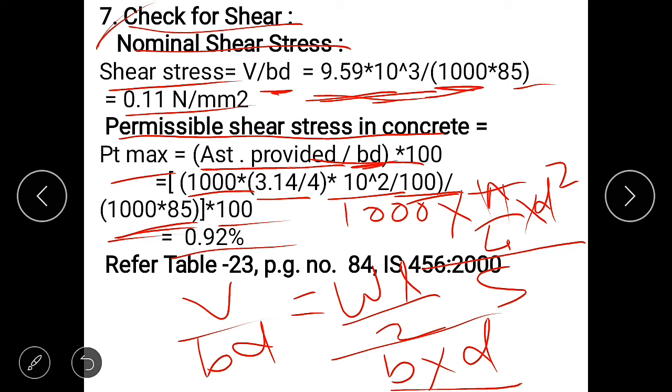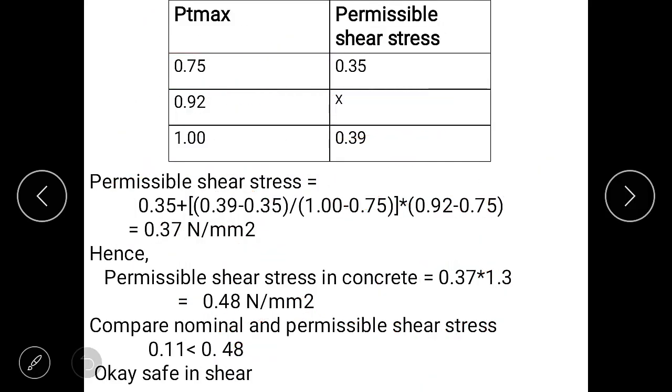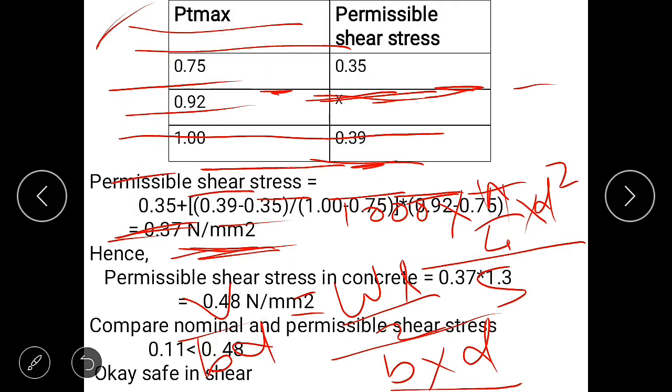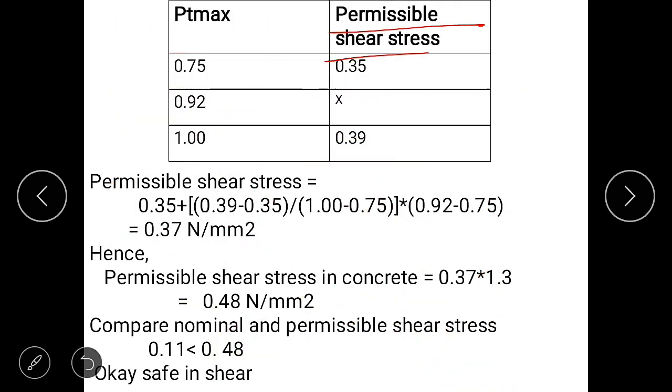From IS 456, for this 0.92 percentage we have to find the nominal shear stress. Okay, so for this 0.92 percentage we find here permissible shear stresses.